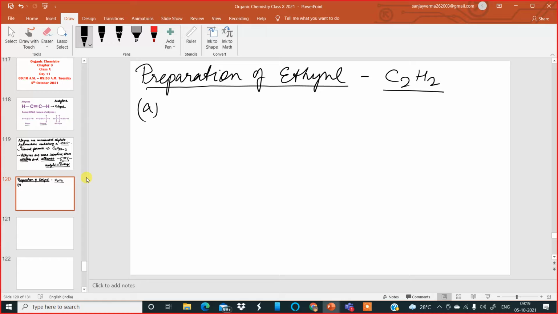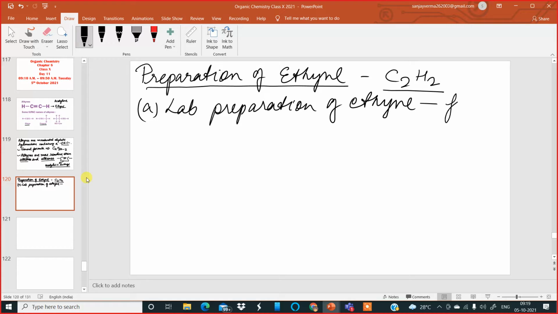So, the lab preparation of ethyne is carried out from calcium carbide.